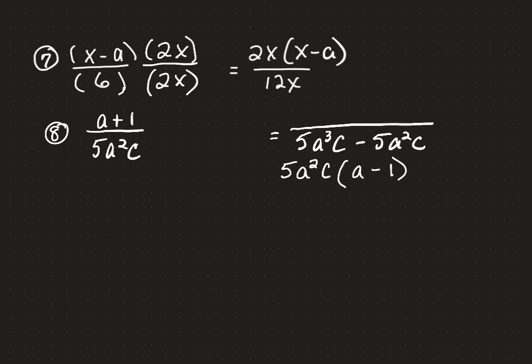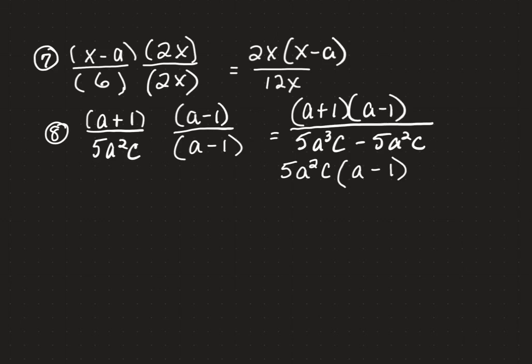So really, to change 5a squared c to our new denominator, all we have to do is multiply by a minus 1. Of course, we have to multiply the numerator by a minus 1 also. So our new fraction is the quantity a plus 1 times the quantity a minus 1 over 5a cubed c minus 5a squared c.